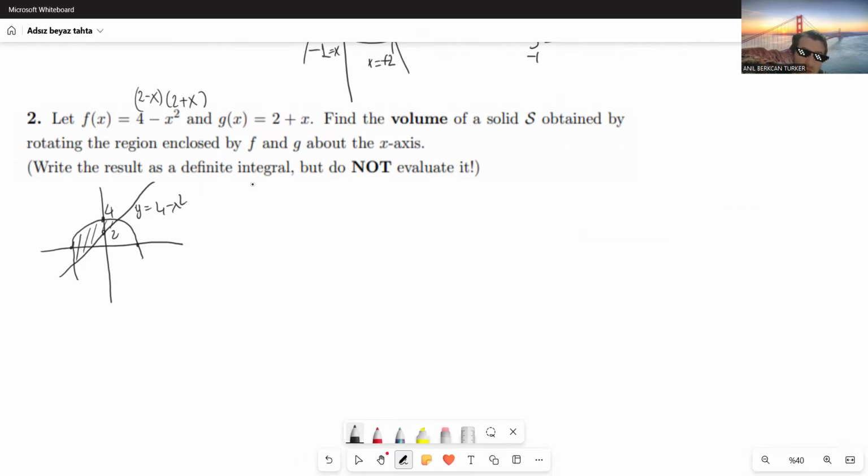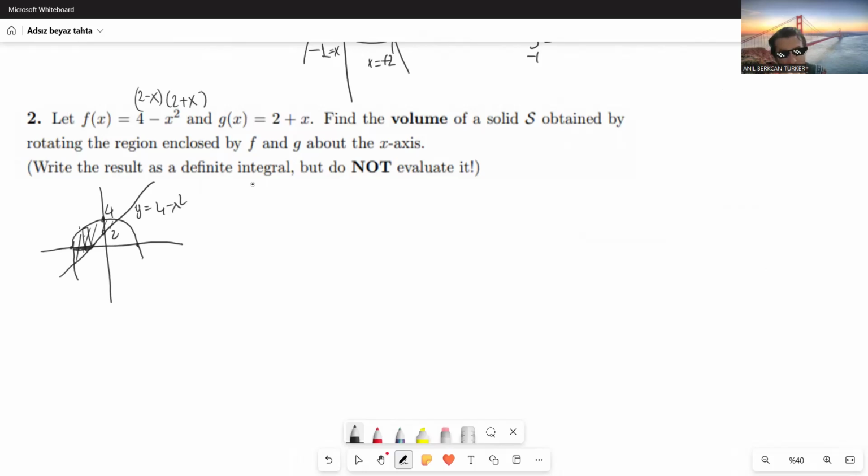Just look at the region above the x-axis first, then also rotate this, but there will be some intersection, right? But do we care about this? Not at all, because we will just take this difference and rotate this disk, for example. When you rotate it, do we take some extra rotation after this?